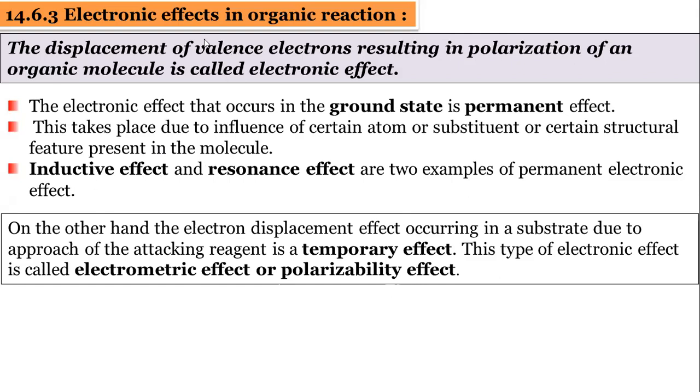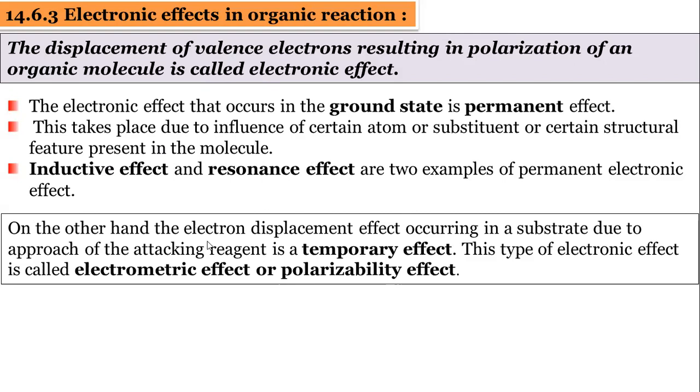Electronic effects in which the displacement of valence electron takes place. See, inductive effect and the resonance effect are the two examples of this electronic effect. In both the effects, displacement of electron takes place, and it results in the polarization.